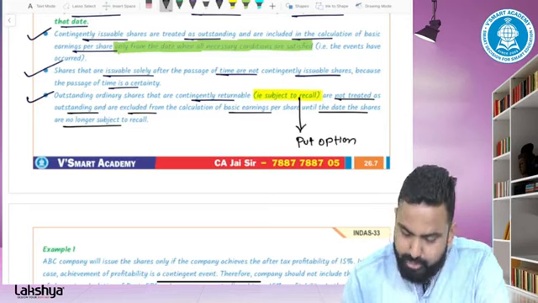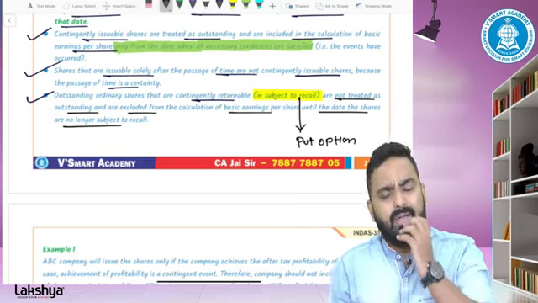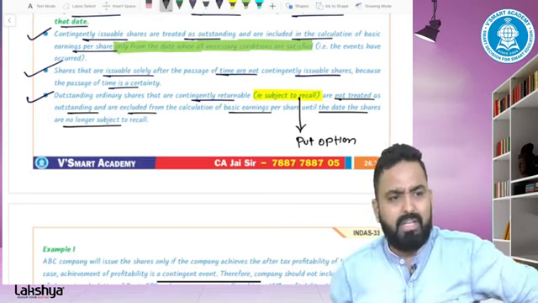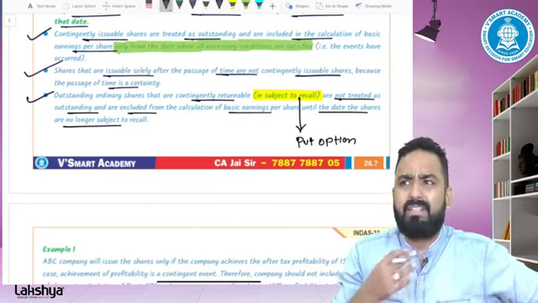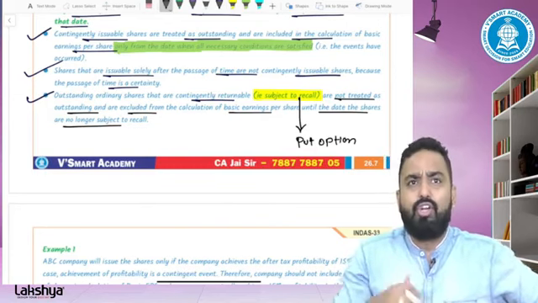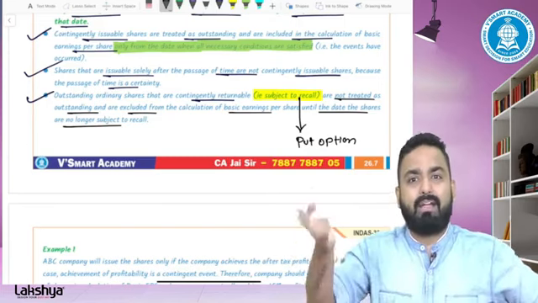Now what is this put option? Put option or subject to recall: the company has issued the share, but the company has the option to buy back.